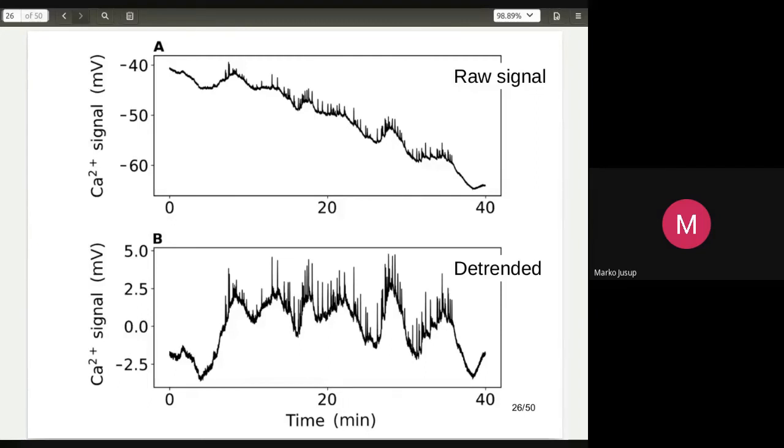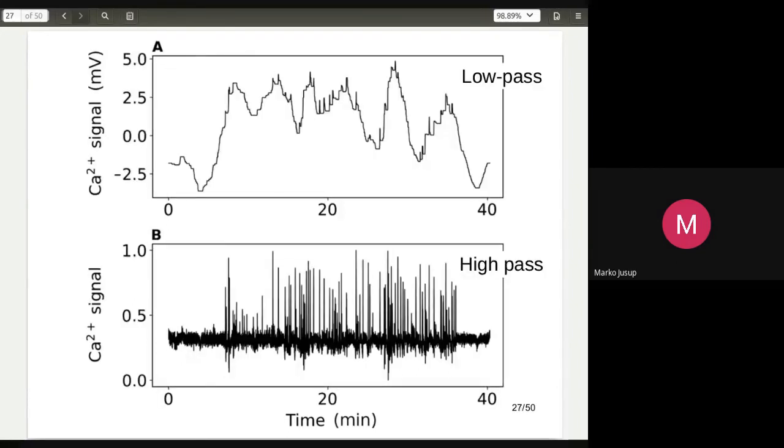When we detrend the signal, in the bottom panel B, that's how it looks. There is some periodicity here, with a characteristic time period of about 5-10 minutes. On top of that there are these fast oscillations. When we apply a low pass filter we see these oscillations more clearly, and with a high pass filter we actually, or was this supposed to be the other way around?